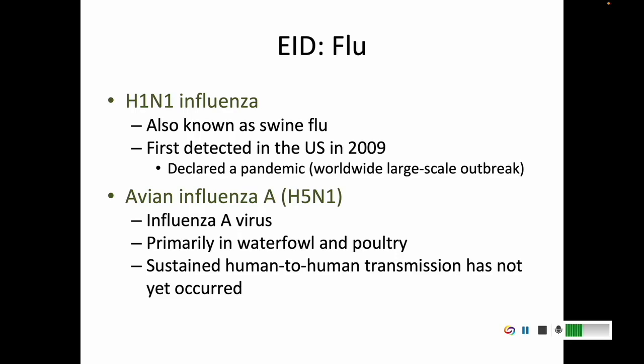Avian influenza A, or H5N1 flu, is one that is primarily found in birds. So waterfowl, poultry, and we're seeing it in cattle too. As the name implies, it's not yet really found a lot in people. You may have heard about it in the news recently, because it's a pretty relevant recent disease.